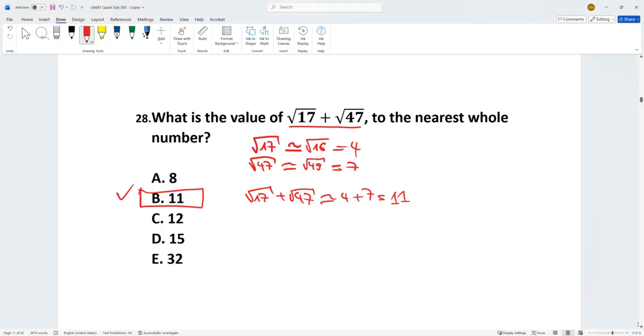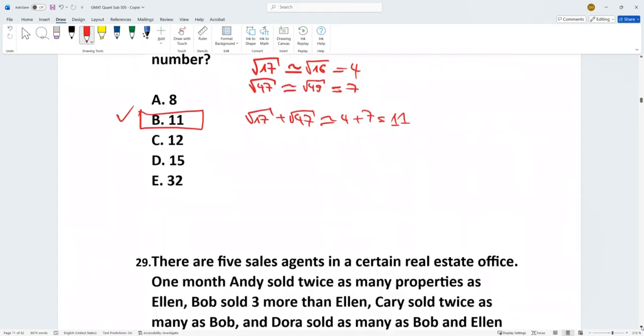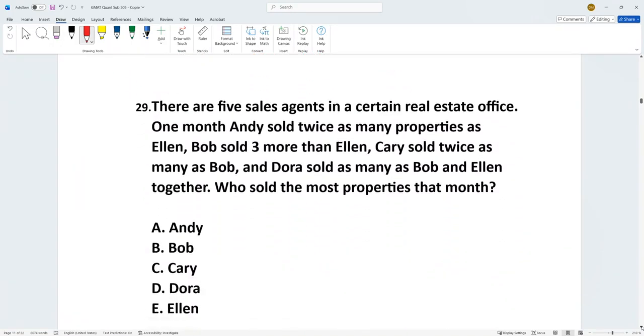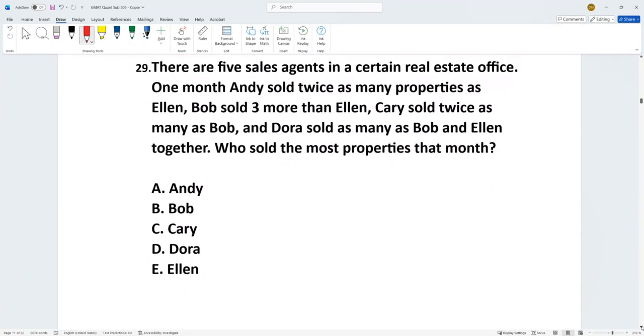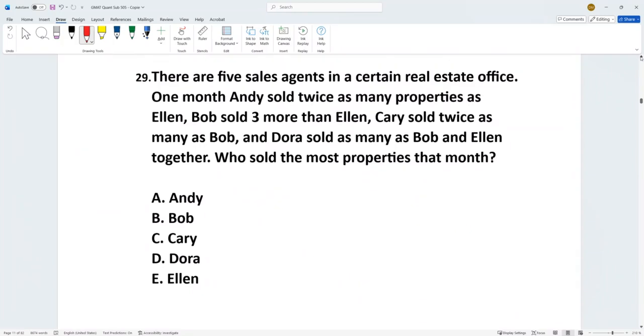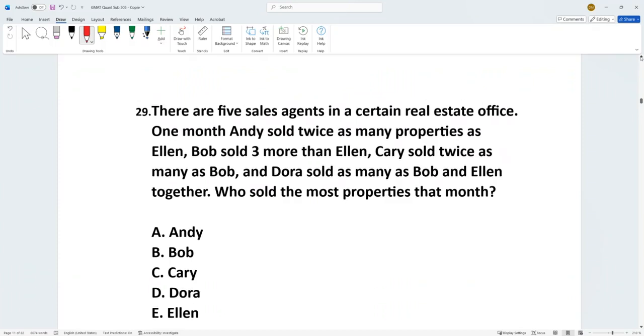Let's move on. What is the next question? Oh yeah, question 29. There are 5 sales agents in a certain real estate office.